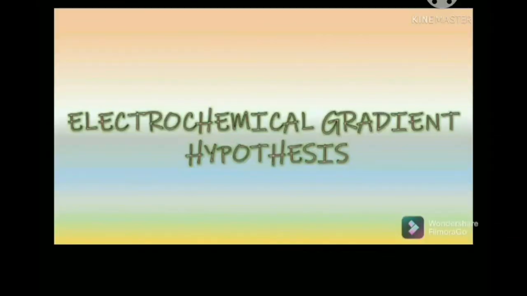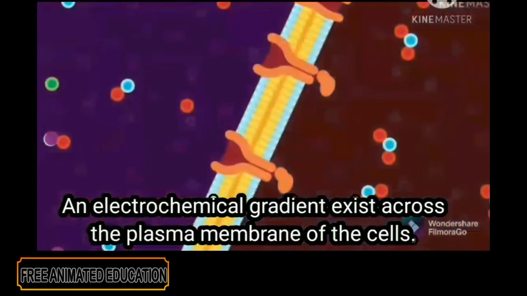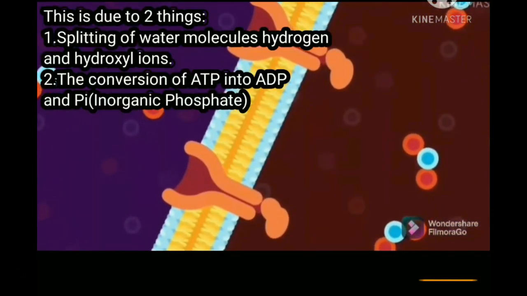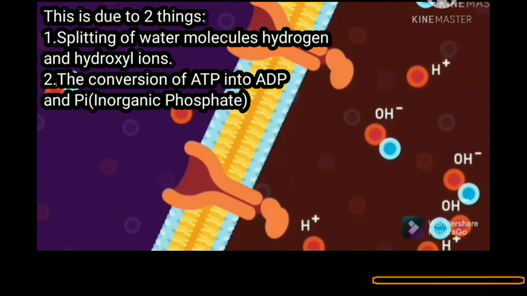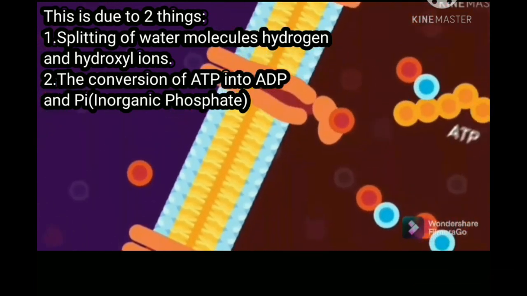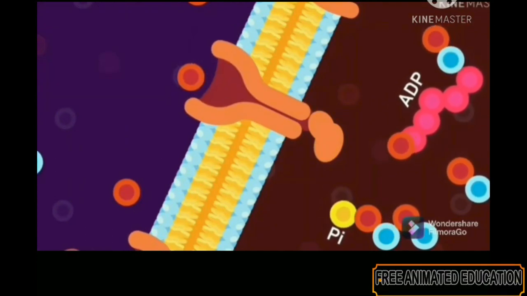Electrochemical gradient hypothesis. An electrochemical gradient exists across the plasma membrane of the cells. This is due to two things. One, splitting of water molecules into hydrogen and hydroxyl ions. Two, the conversion of ATP into ADP and inorganic phosphate.